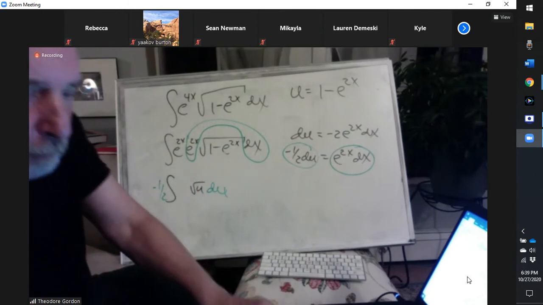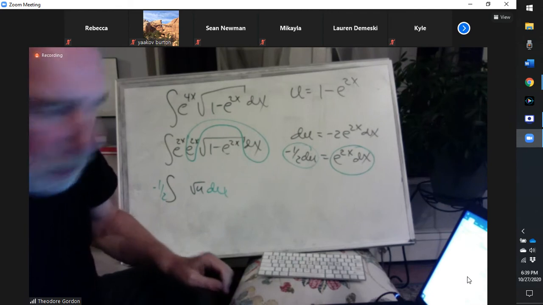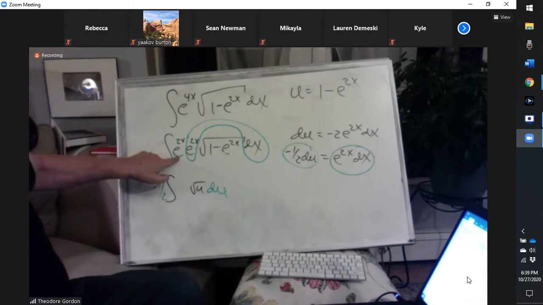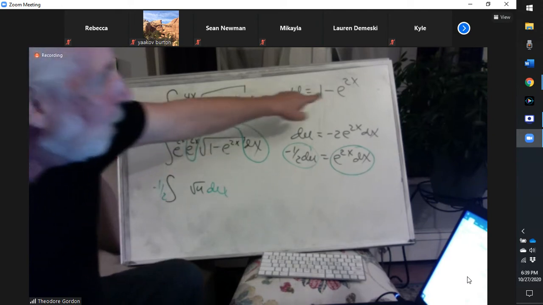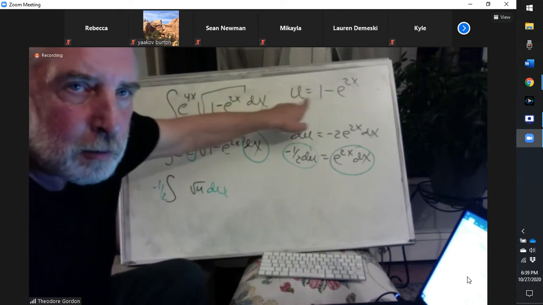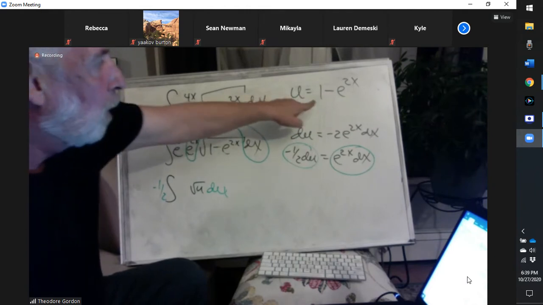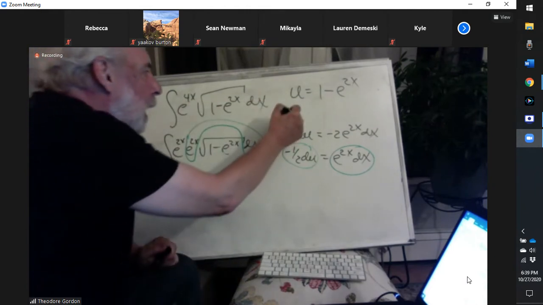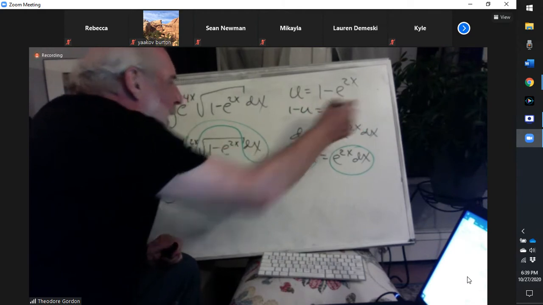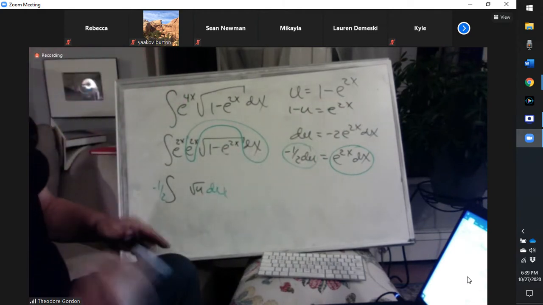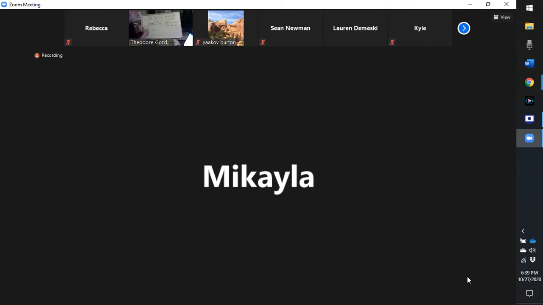But now we have this extra e to the 2x over here. So what I'm going to do is rearrange this piece. I'm going to subtract it over, and we get 1 minus u is equal to e to the 2x. I think I got up to there.